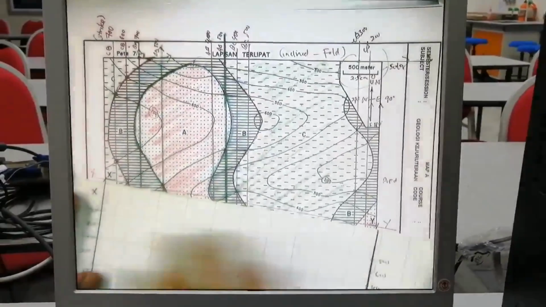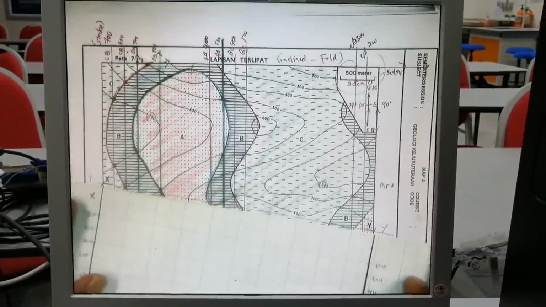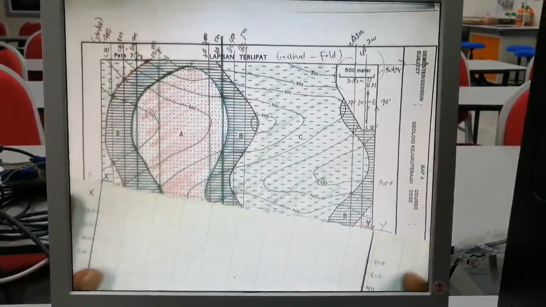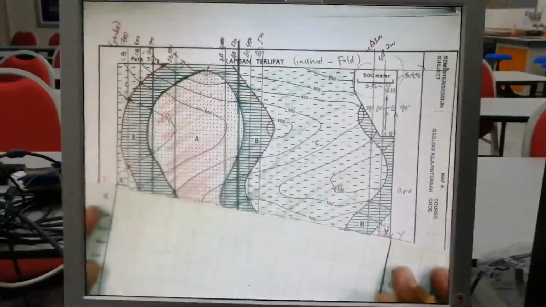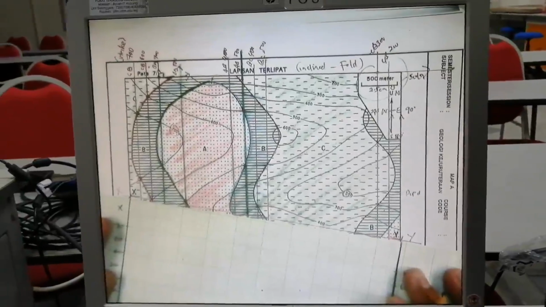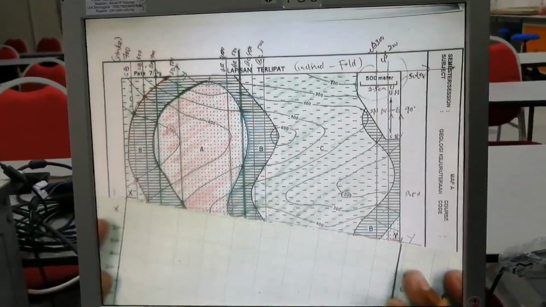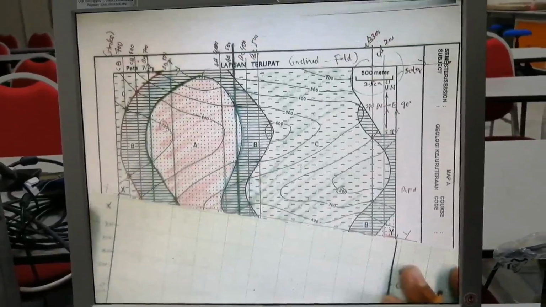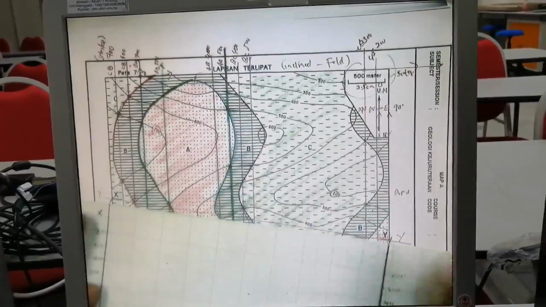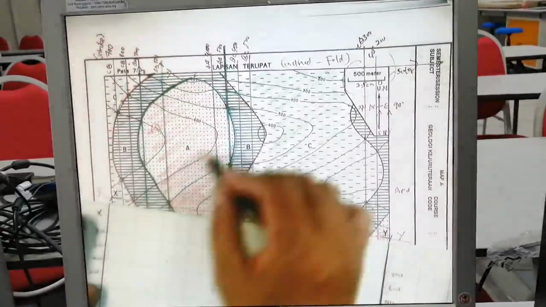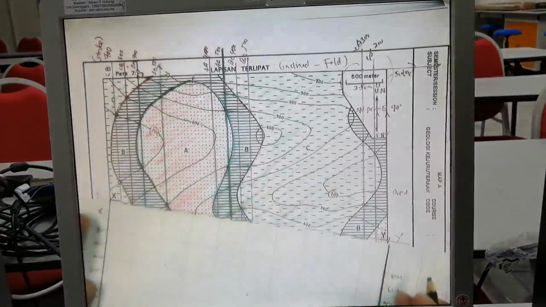So the first step is you have to draw the contour line. And then second, you can put your geological information. First, contour line. Just focus on your contour line. Contour line is this height. Start from here.